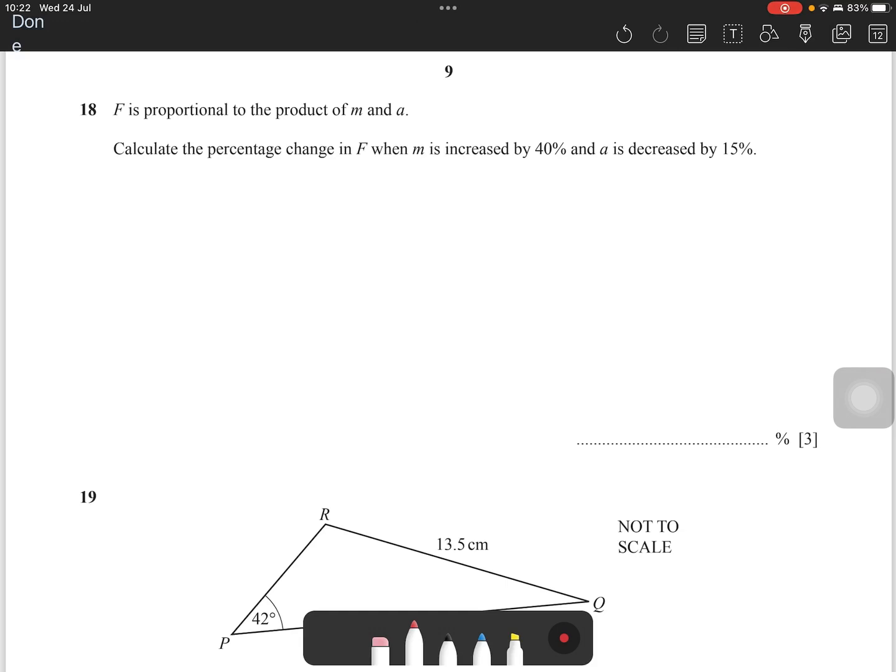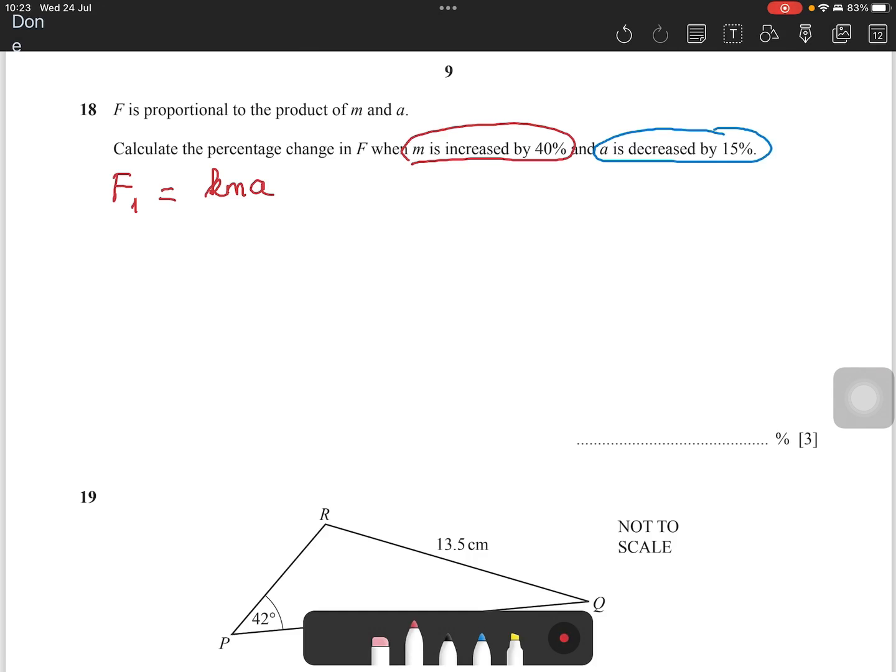Question 18. F is proportional to the product of M and A, which means F is equal to K multiplied by MA. Calculate the percentage change in F when M is increased by 40% and A is decreased by 15%.